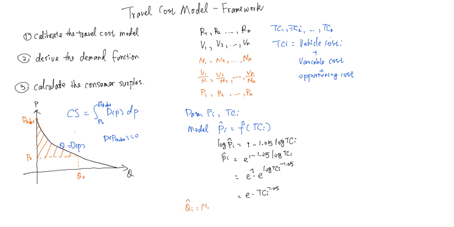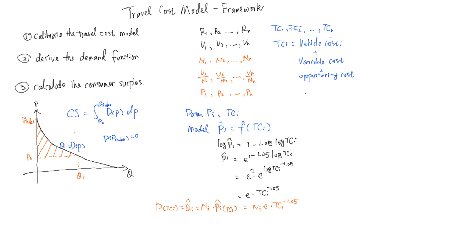It's going to be Ni, which is the population in that region, times the probability Pi, which will be a function of the travel cost from that region, which, as I write out, is e to the constant times TCi to the negative 1.05. So this is my Q(P), or more specifically Q(TCi) in this case.